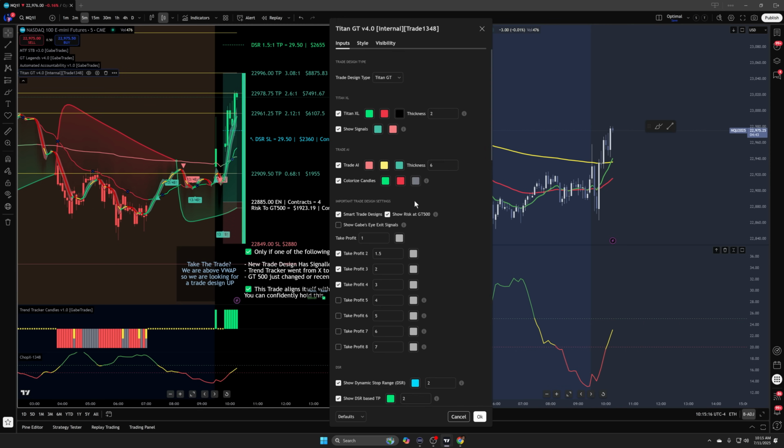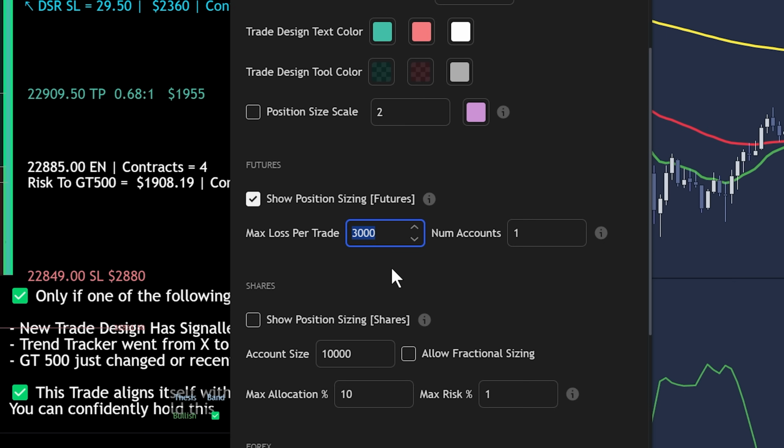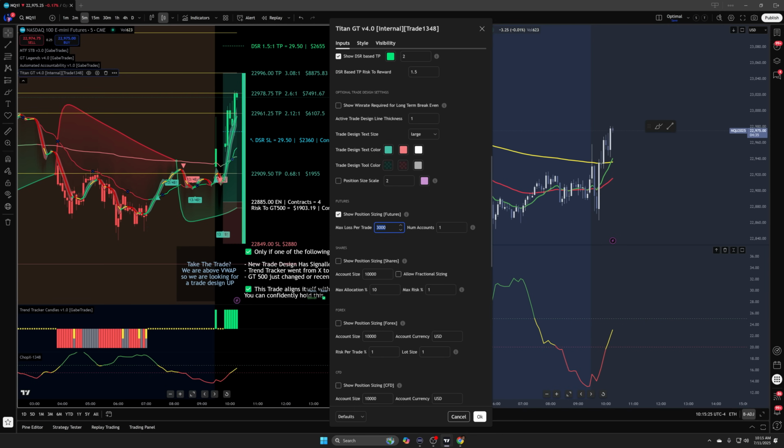If we go into inputs, I could say per trade, I'm willing to risk $3,000. Now if I'm risking $3,000, then that means I have a $300,000 port. Again, risking 1% of my port value.